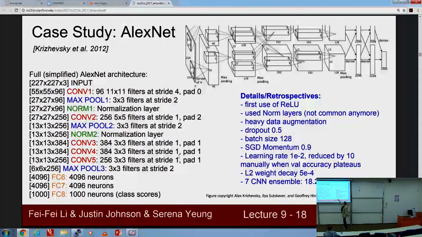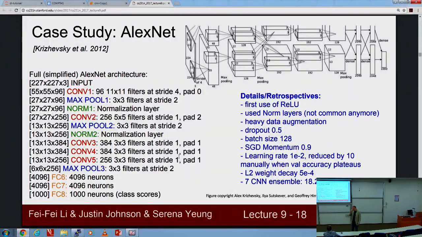They also used L2 regularization, which by now you know what it means. It's basically adding some multiple of the L2 norm of all the weights to your objective to keep them small. And finally, they used ensembling, which is the last trick that everybody uses as the last step to squeeze out the last few percent of performance from these networks.